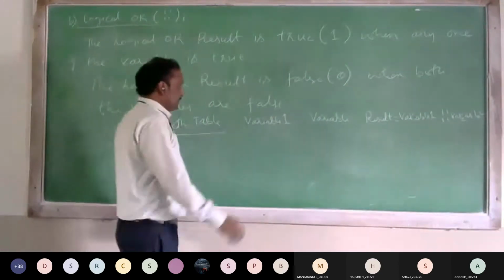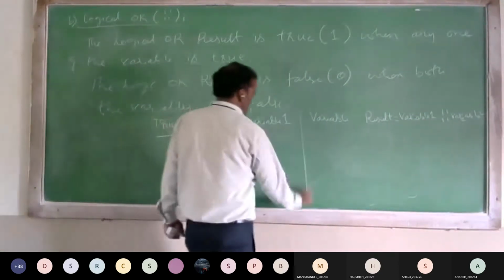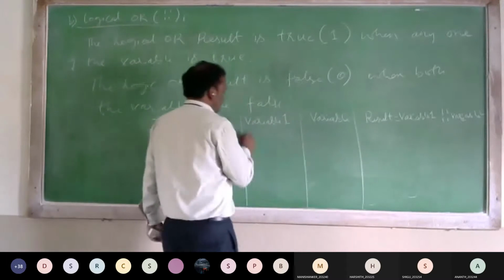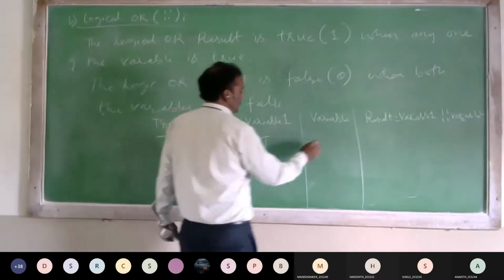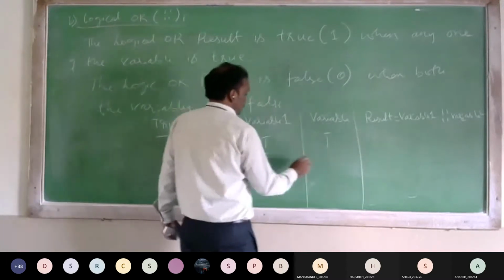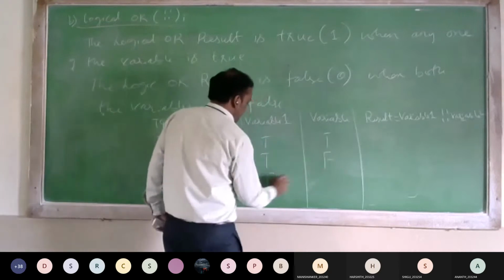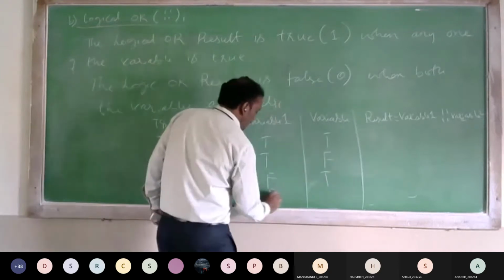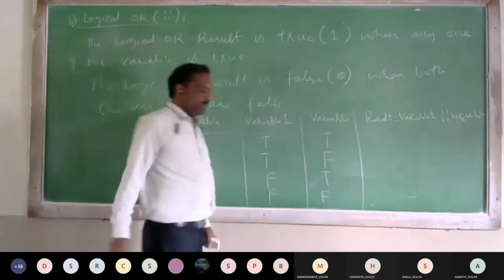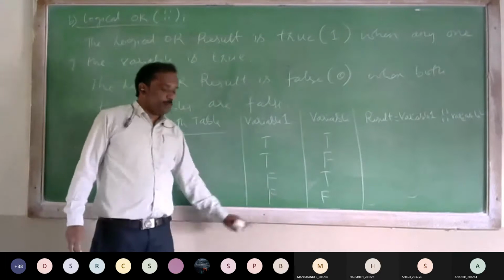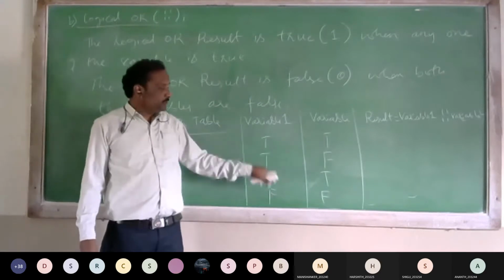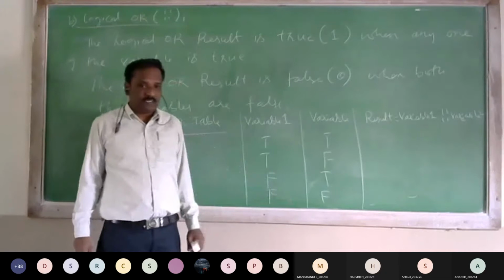Now, what is variable 1? True, true, true, false, false, true, false, false. Only these 4 possibilities we can get.